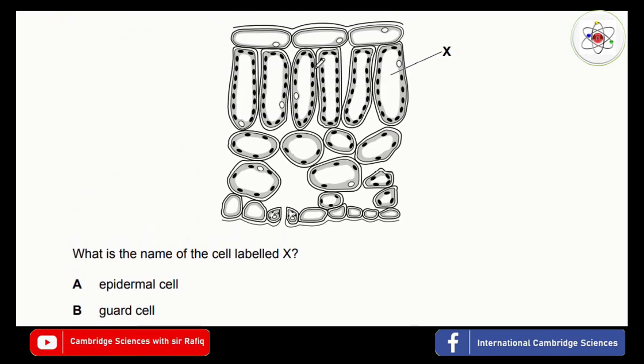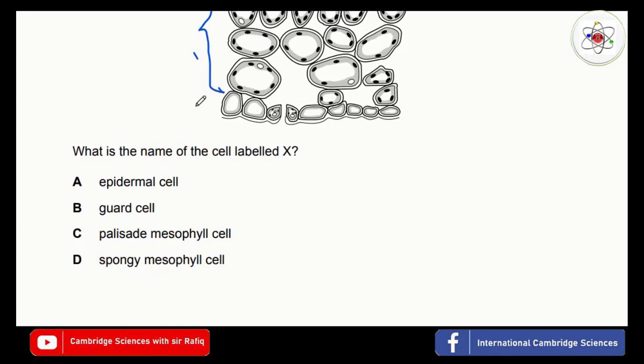As we know, this is the upper epidermis, and from here they are mesophyll cells, and these rectangular cells which are in order are called palisade mesophyll, whereas these are spongy mesophyll with intercellular spaces, and this is the stomata, which is protected, or controlled, by guard cells. So palisade mesophyll is our answer, which is labeled as X in the diagram.